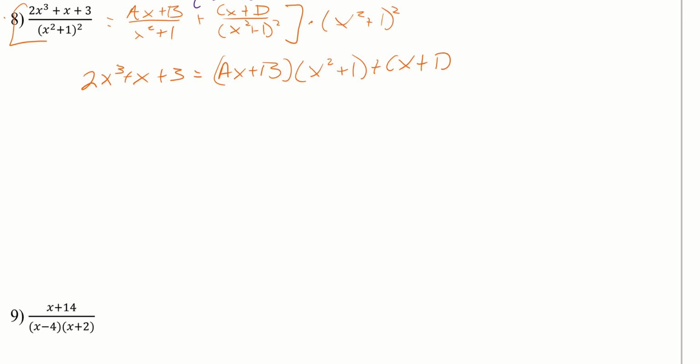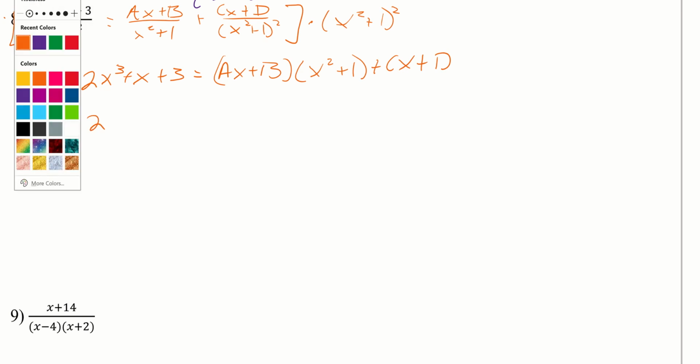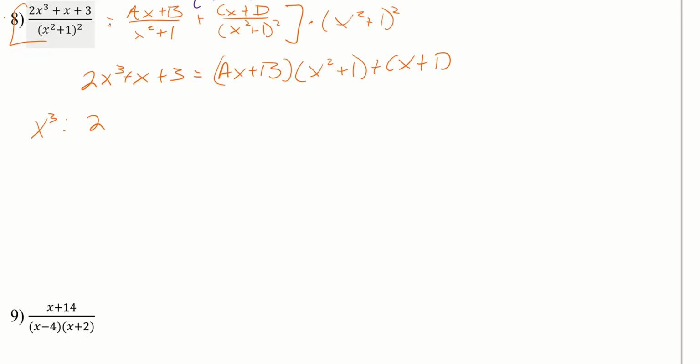I look at the cubic one first, so x cubed. If I look at all the x cubes, on the left we have 2x cubed. On the right here, that gives me an x cubed. If I look for any other x cubes, nothing else gives me an x cubed, right? So therefore, I get a. So a is 2. Ta-da! Done with that one.